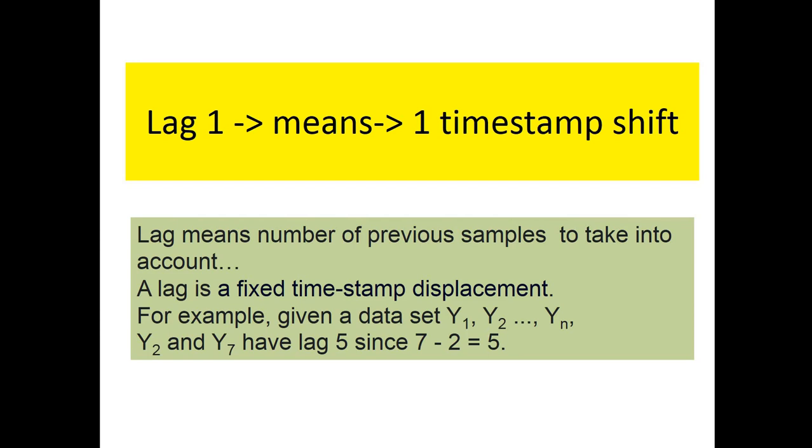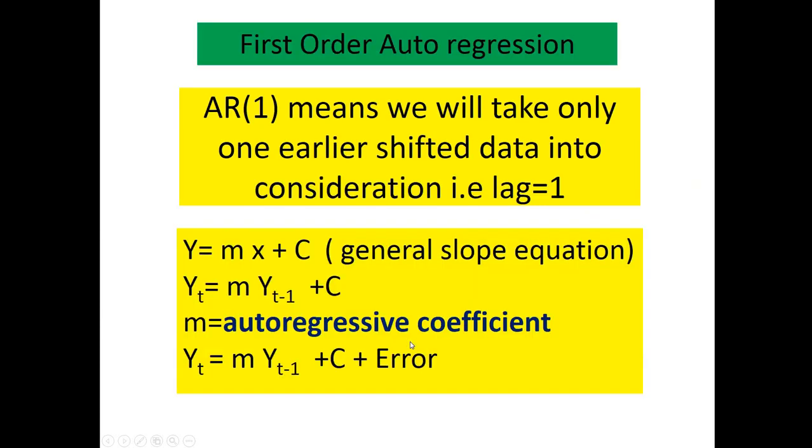Lag means the number of previous samples to take into account. A lag is a fixed timestamp displacement. For example, given a data set of y1, y2 up to yn, if someone asks what is the lag between y2 and y7, then it is 5, because this is the timestamp shift.